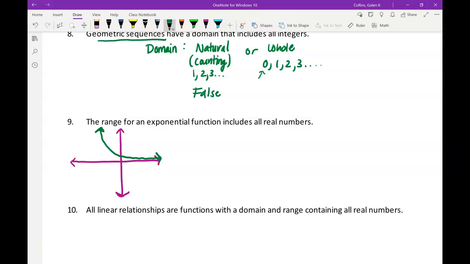So the range for an exponential function is not going to be all real numbers, because remember, the range is all of our y values or outputs, and the function that I just drew has a horizontal asymptote where y equals 0, and that function is never going to cross that line to the right.